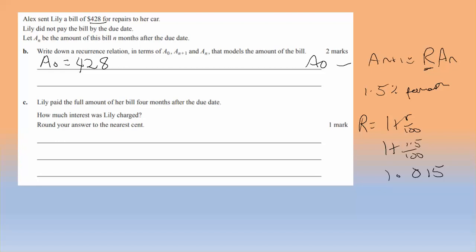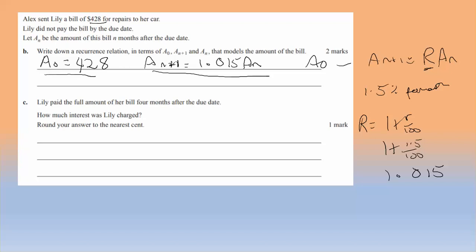So back to this, A_{n+1} equals 1.015 times A_n. Make sure you write it all on one line. Make sure you're using A throughout. If you change one to V because you're copying from your bound reference or whatever, you won't get a mark for that. So the initial and the rule.